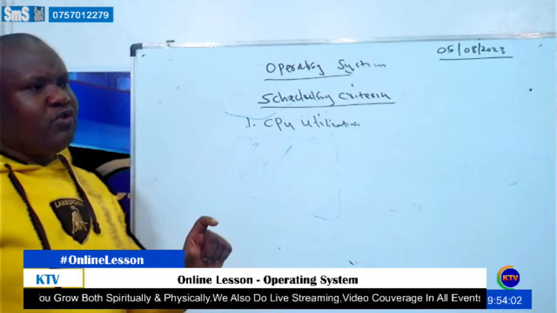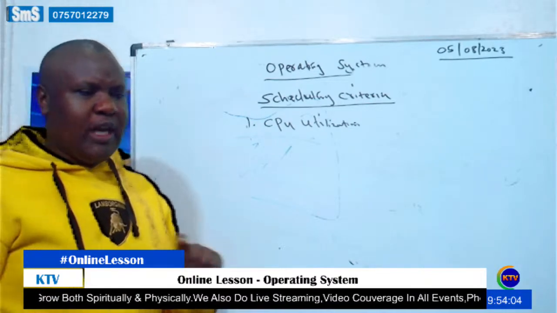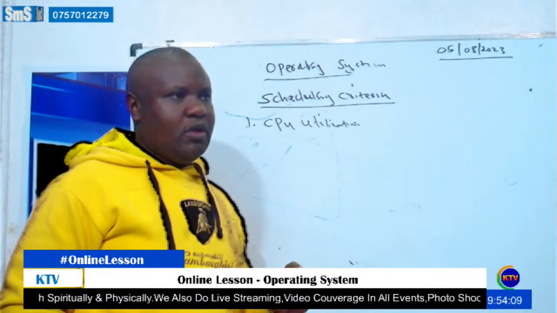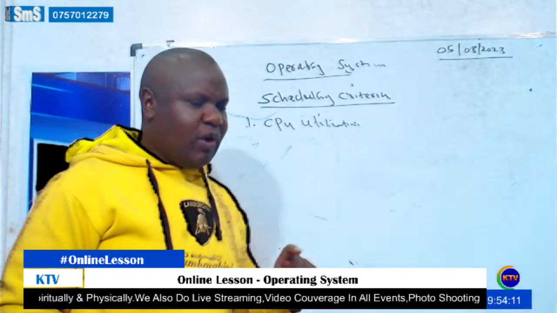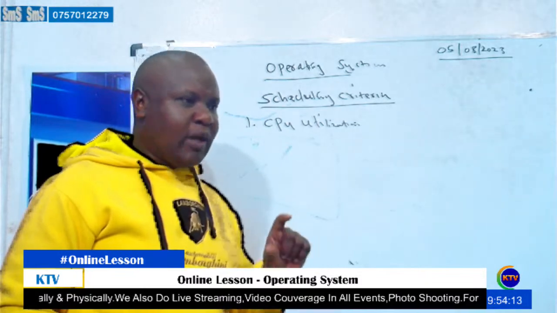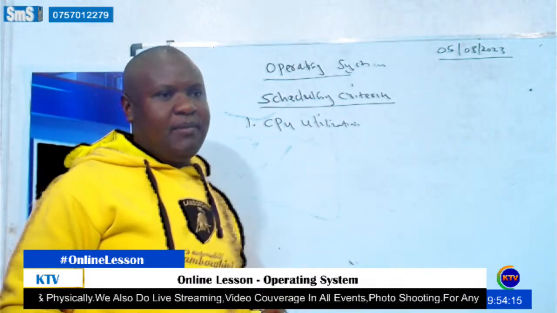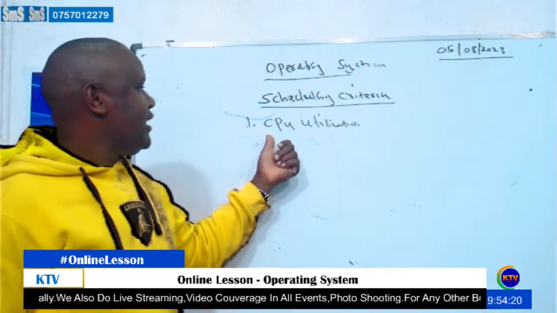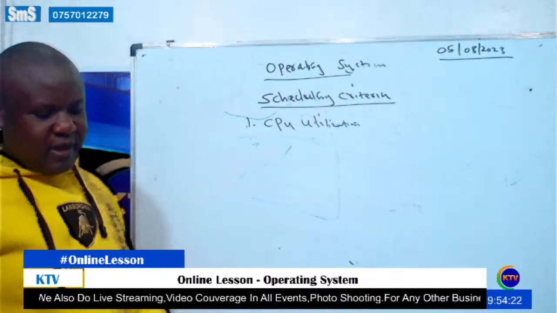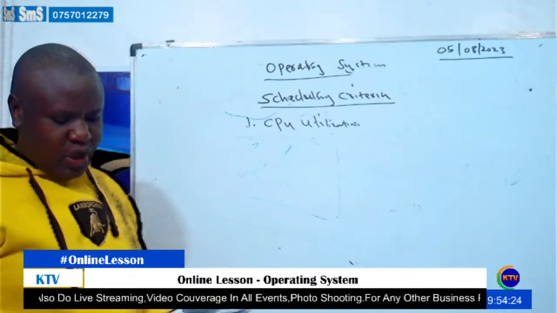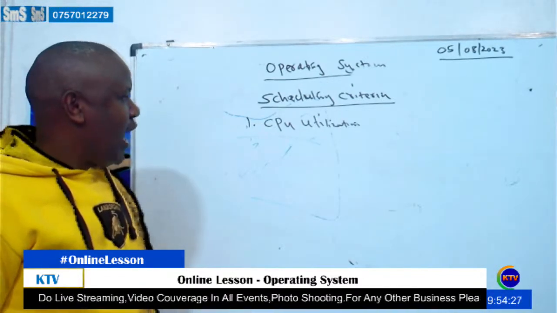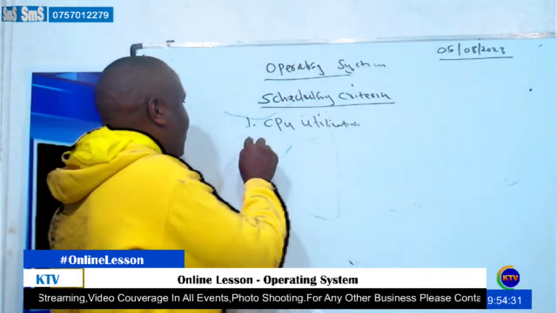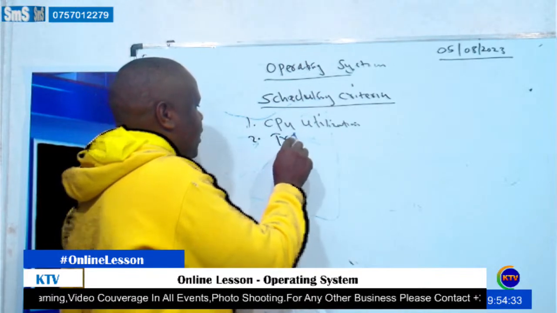How can we ensure that the CPU is utilized 100%, with no idleness in the CPU at a given time? How can we give the maximum utilization of the CPU? Then we also look at what we call the throughput.